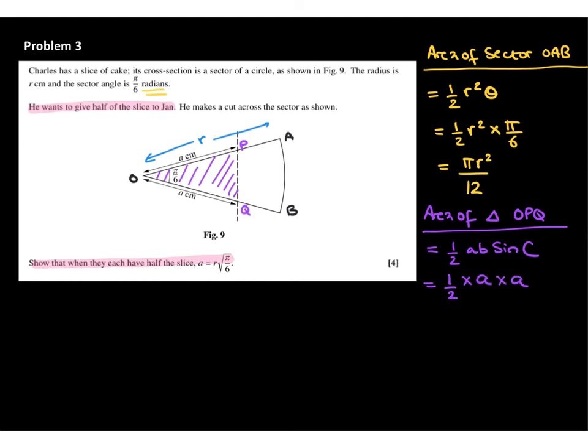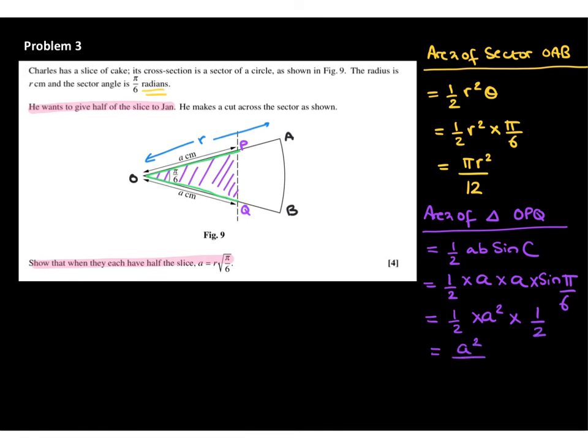So I'm using a side and a side. And then we want to multiply by sine of the angle in between them. So that's sine pi by 6. Okay. So that's a half multiplied by a squared multiplied by, now sine pi by 6 we know is a half, but you can also input that into your calculator if you want to work it out, as long as it's in radians mode, so we get a half.